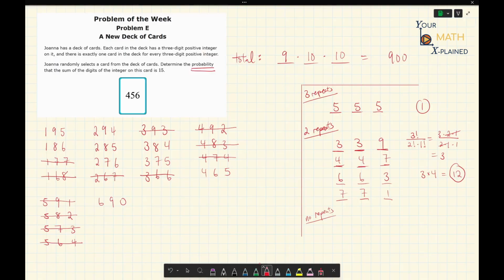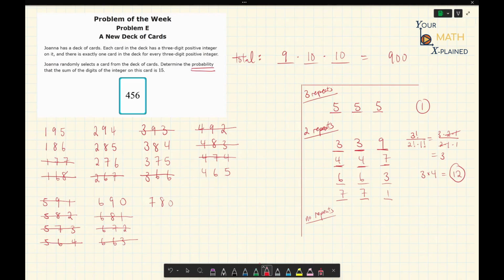And then we've got the next one as 6, 8, 1. But we already have a 186 up there, so we're good. 6, 7, 2. We already have a 276. 6, 6, 3 is a double count, so we don't need to worry about that. Starting with a 7, we've got 7, 8, 0, so that's 15.